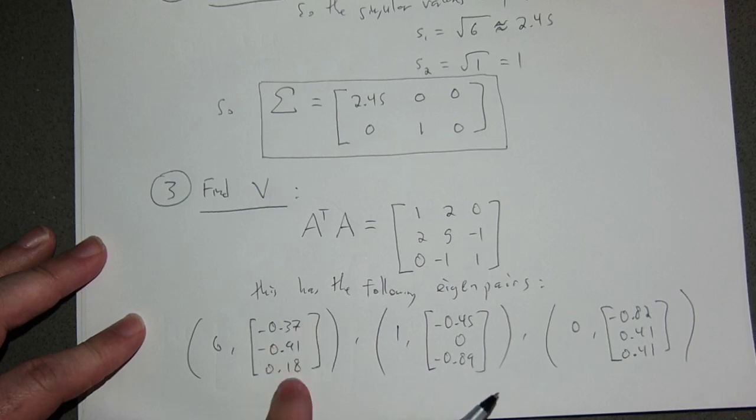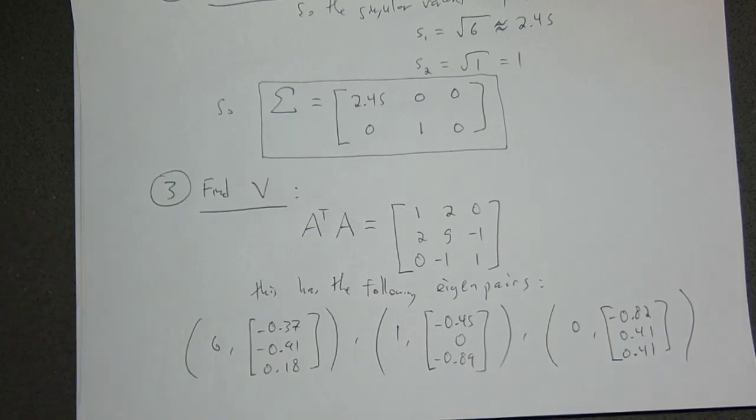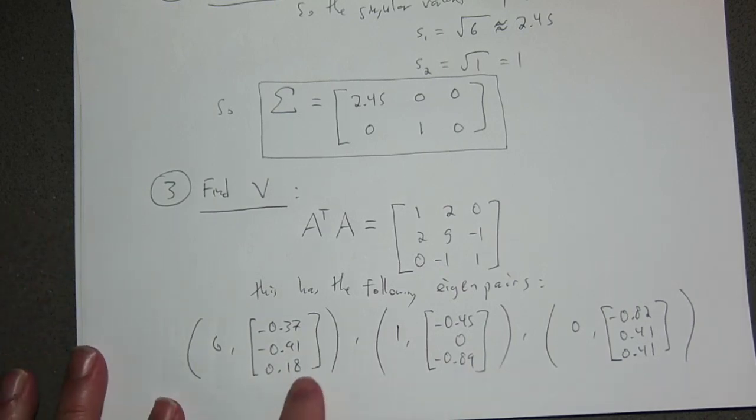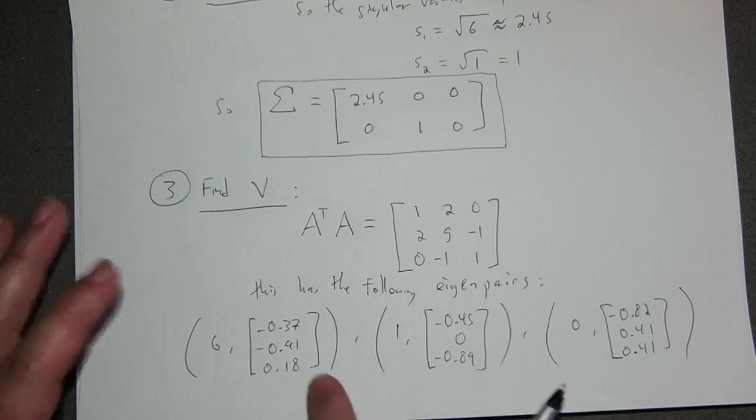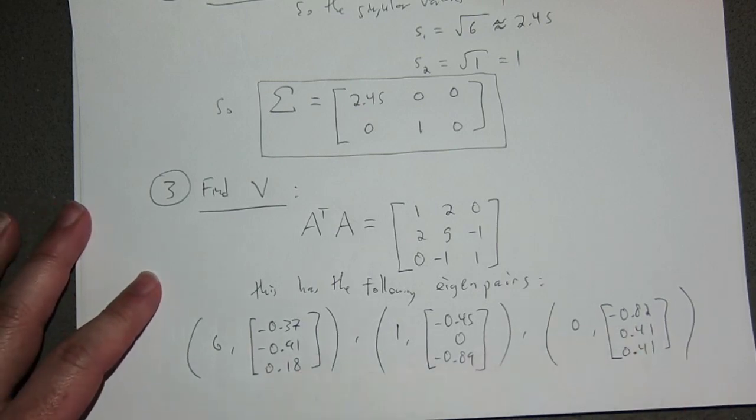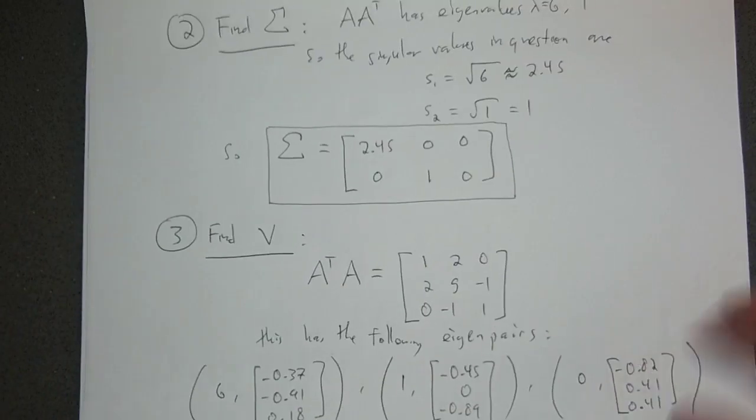Is the transpose already done here? I believe the transpose is actually already done, so I can just write this down as it appears. So this is actually V transpose. Actually, yeah, I believe that if I just write these out in the correct order, I'm good to go. So I'll do that here in a second. Okay, so anyway, how does this work?